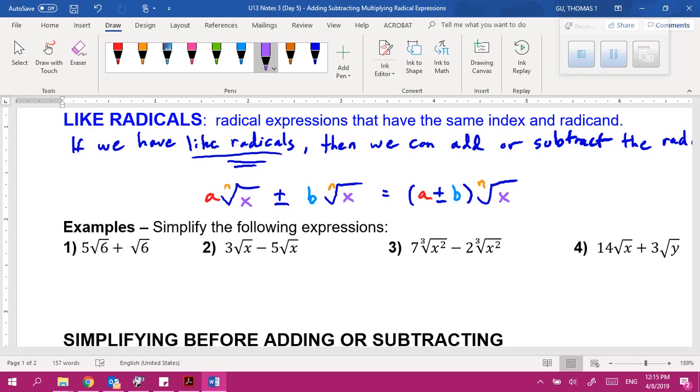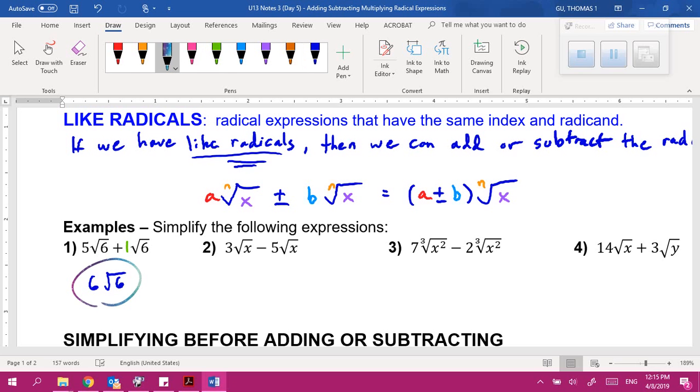Now first tell me, is the index the same on those two terms? Yes. Is the radicand the same on those two terms? Yes, it's a 6. So that means we can just add the numbers together. We have 5 square roots of 6 plus, what's this invisible number right there? Not 0, or it wouldn't even be there. 1, right. So it's 5 plus 1 square root of 6, which makes 6 square roots of 6. Just like that.